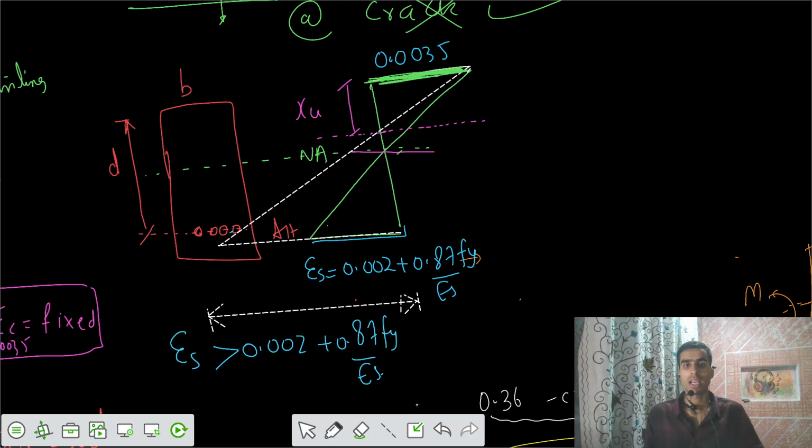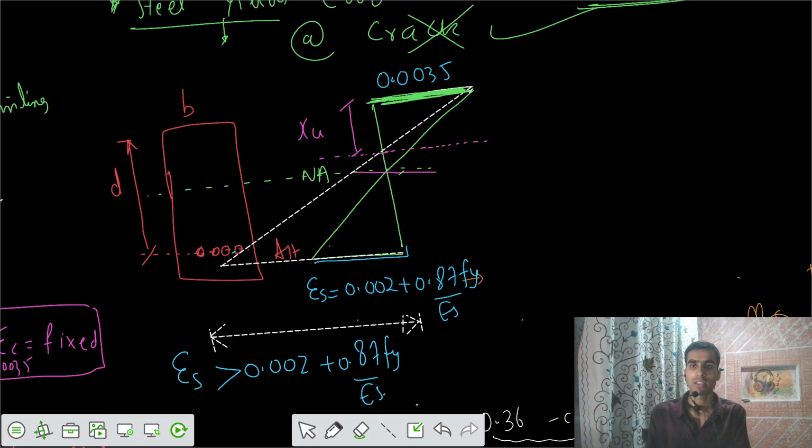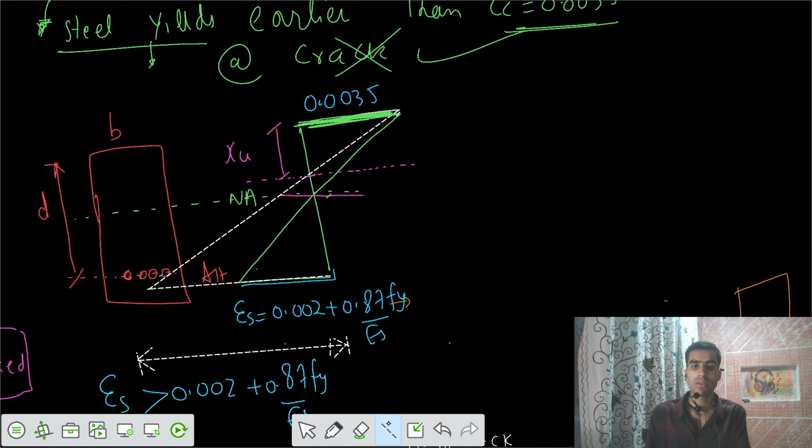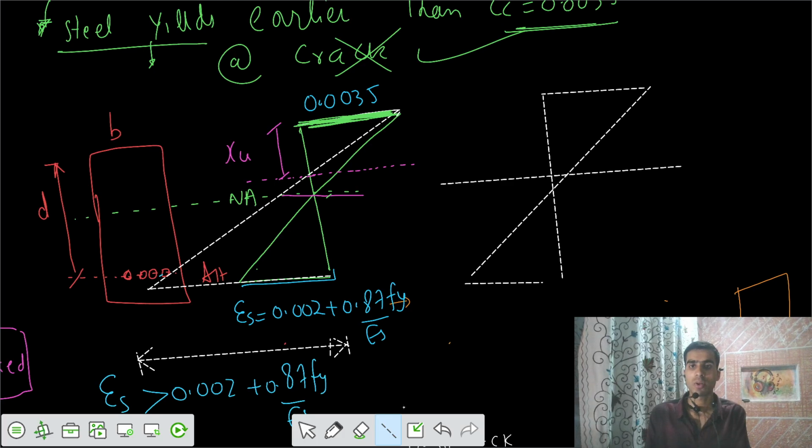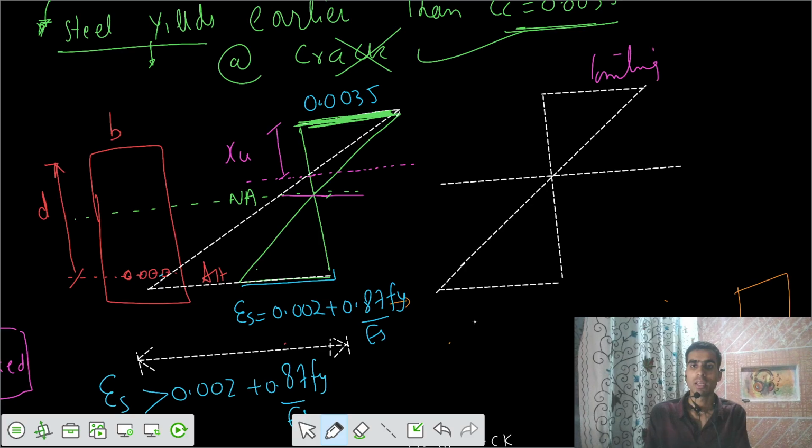Let's say the initial case was corresponding to the limiting condition. Here the strain was 0.0035, and from this side the strain was 0.002 plus 0.87 Fy by Es.